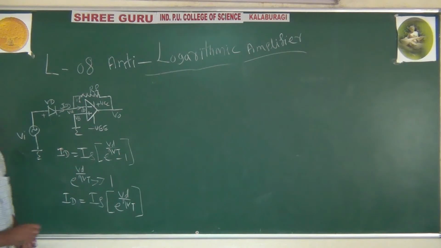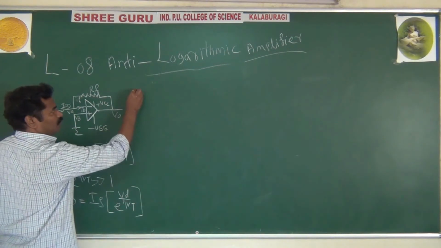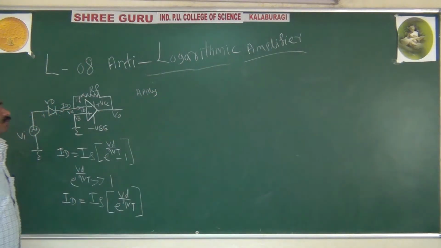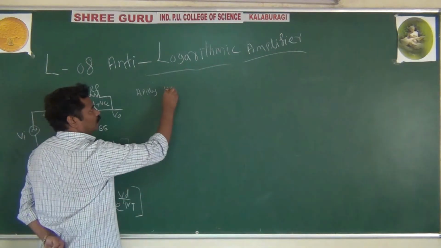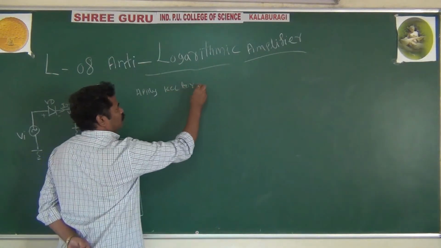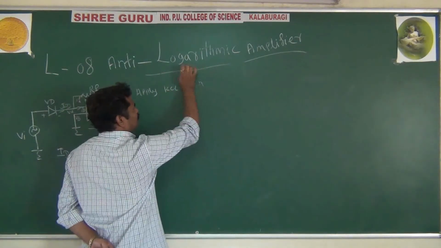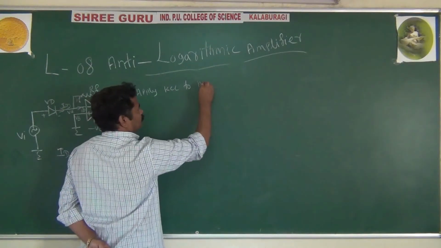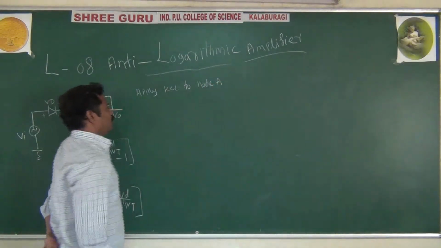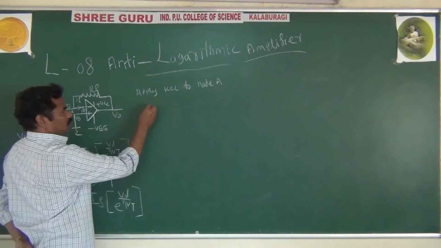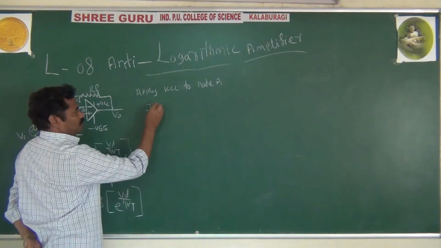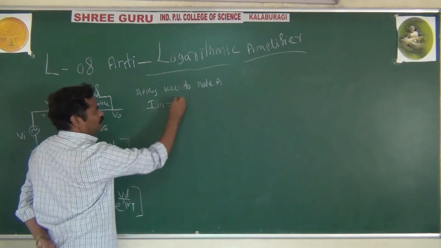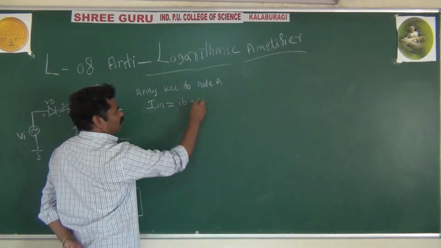Same thing once again, you have done so many derivations. It's a common step. Apply KCL to node A. Here the input current IN equals IB plus IF.